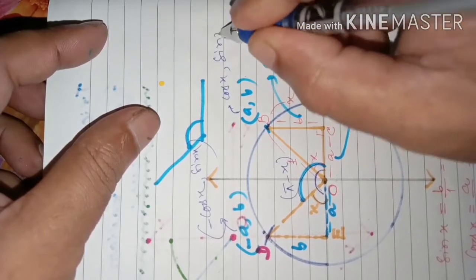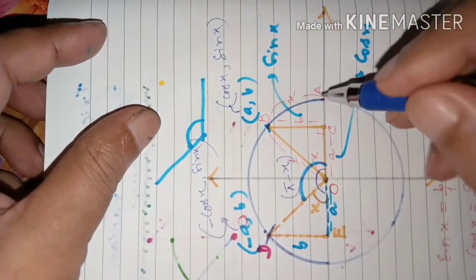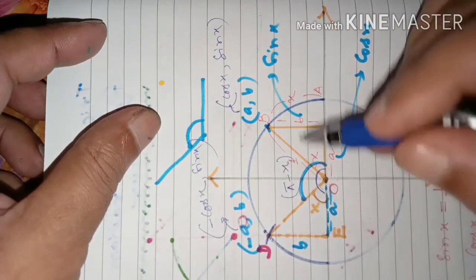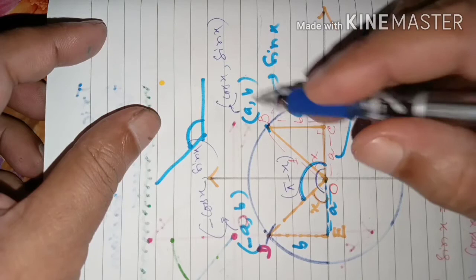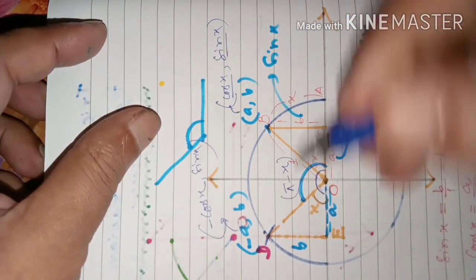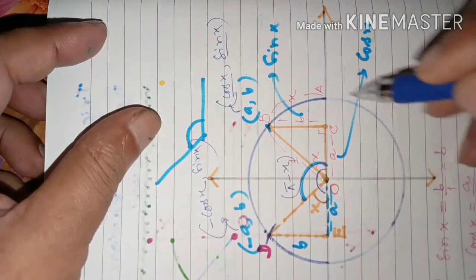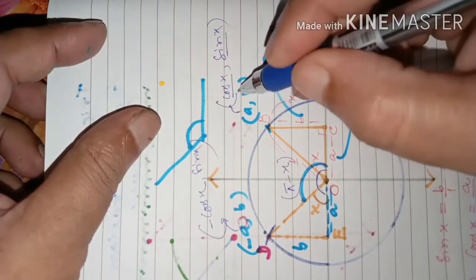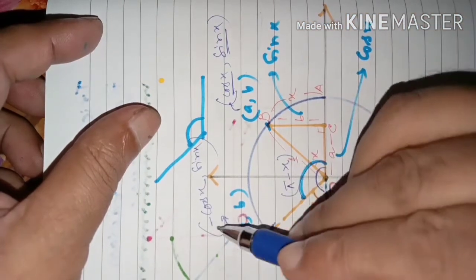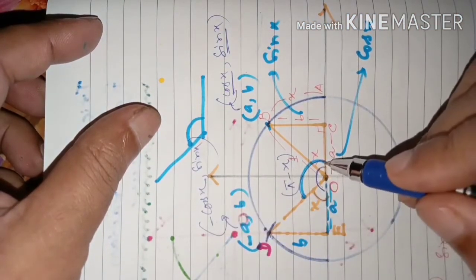Sin x. All these points on this circle can have their coordinates denoted in terms of cos x and sin x. Only the sign will change, as you have noticed here.